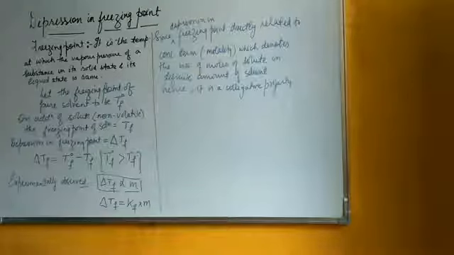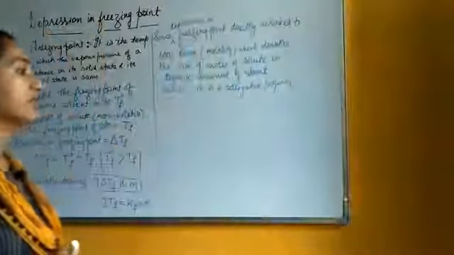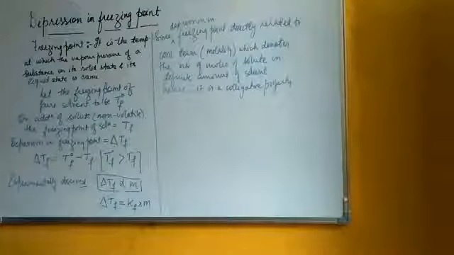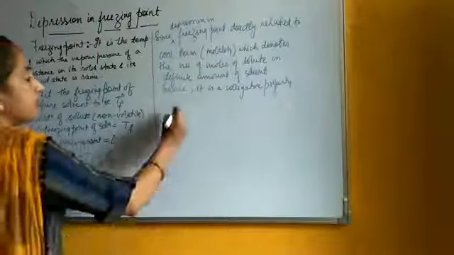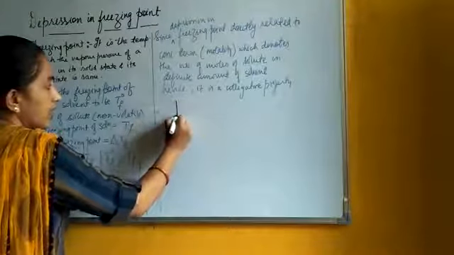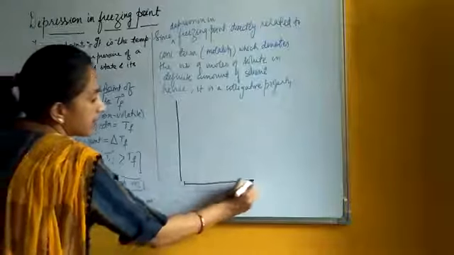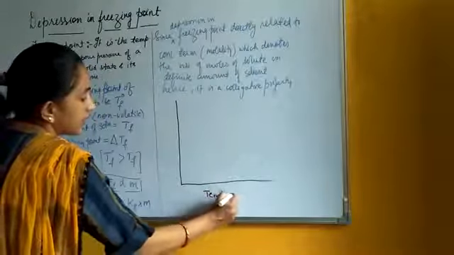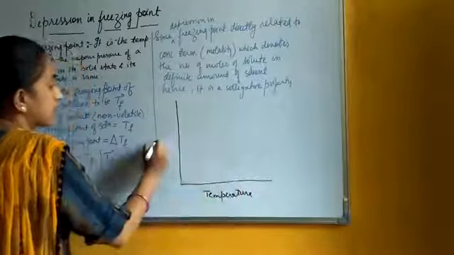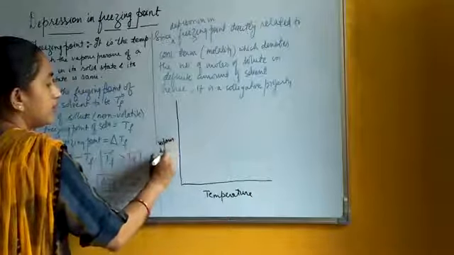Now we are going to discuss the graph related to the depression in the freezing point, which will easily explain that there is a lowering of the freezing point of the solution when a solute is added. Here, on the x-axis we write temperature, and on the y-axis we have vapor pressure.